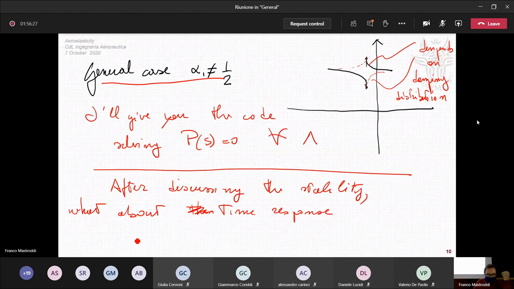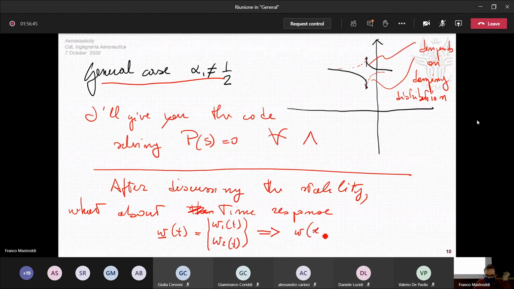Time response means, what about the W vector as a function of time, W1 as a function of time, W2 as a function of time, and after evaluating this, I know that in any point of my panel, at any time, the solution is phi1 of x times W1 of time plus phi2 of x times W2 of time, period.